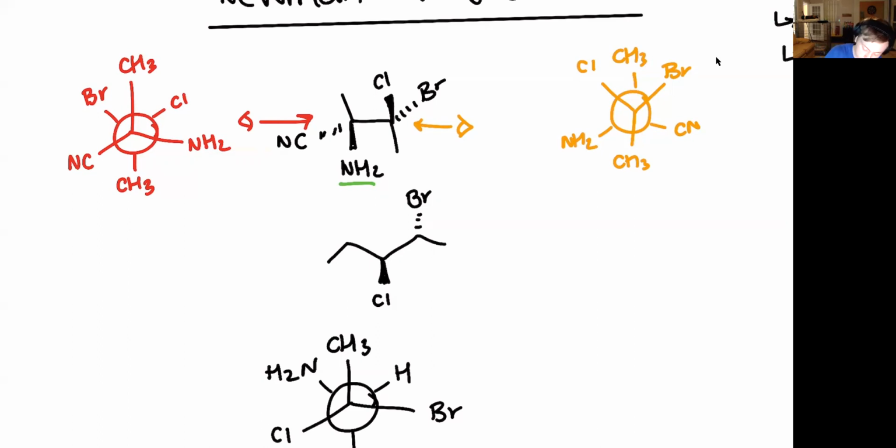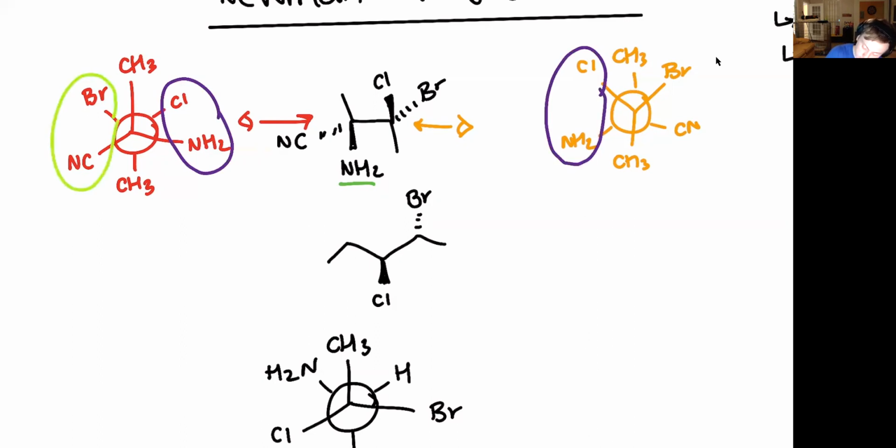Here we have the Cl and the NH2 on the same side, and here we have the same thing. Bromine and the CN, bromine and the CN. So that's another way. These are the same molecule, just a different way to view them.